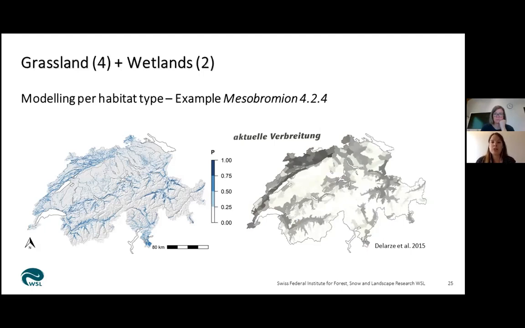This current distribution is derived from plant observations of character and indicator species. We see spatially a very high agreement between the two maps. And of course, the modeled map has a much higher spatial resolution, with 10 meter spatial resolution.